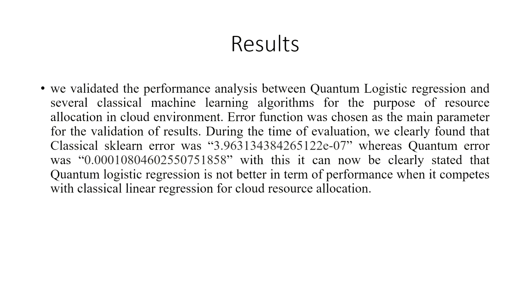It's clearly understandable that quantum logistic regression is not better in terms of performance when it competes with classical linear regression. For cloud resource allocation, we must remember this point. There are several cases or results in which quantum logistic regression is way better than the linear one. But here in this case, it's not.